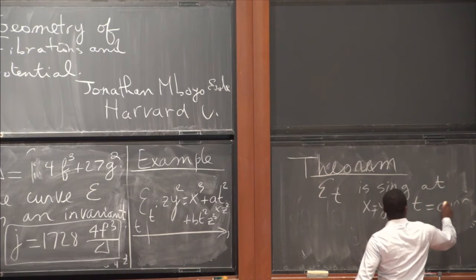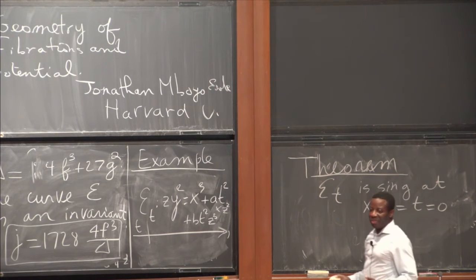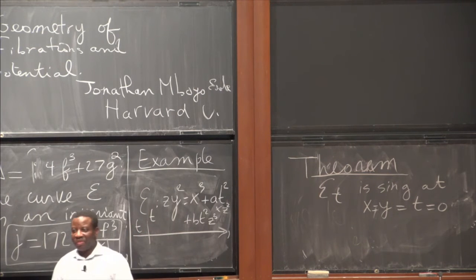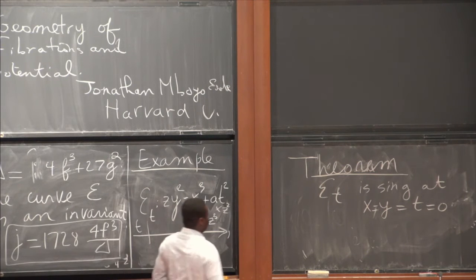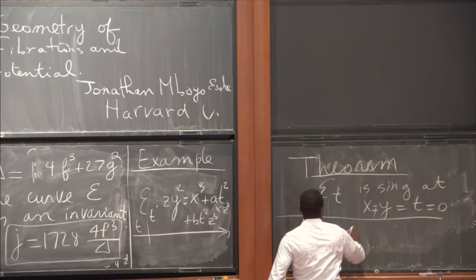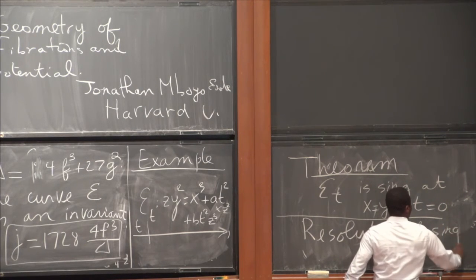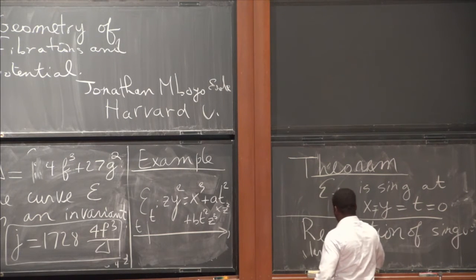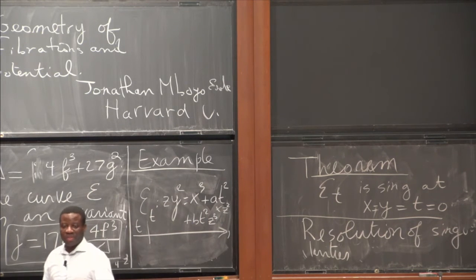If there is a singularity, the problem is how to deal with it. In algebraic geometry, there is a whole theory called resolution of singularity, that tells you how you can clean up a singularity so that you end up with something smooth.